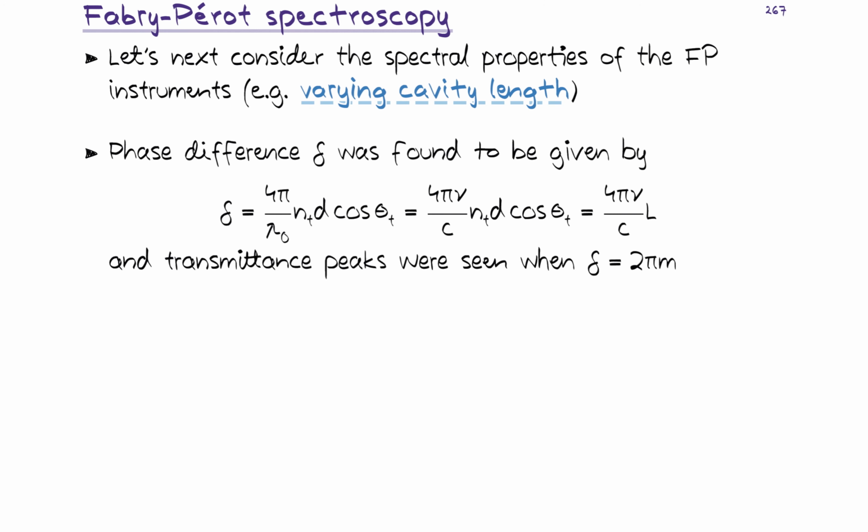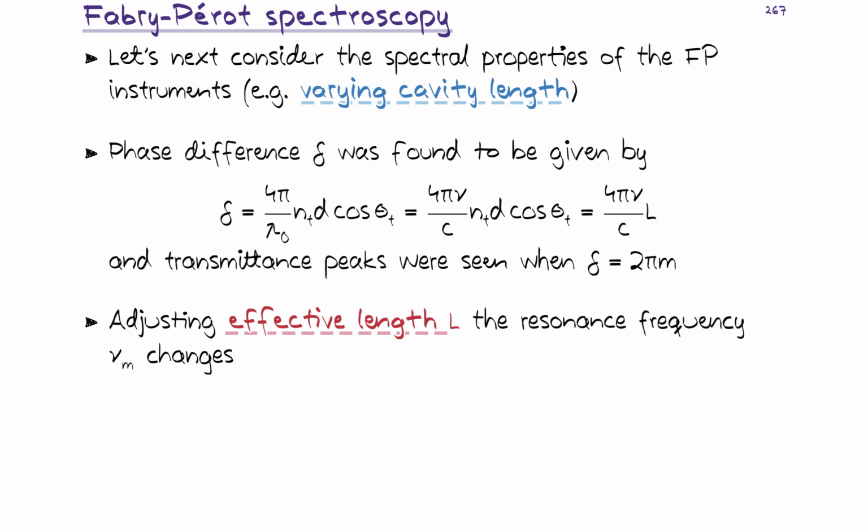And now we know that the transmittance peaks, so essentially the interference patterns emerging into our transmitted irradiance, take place when the phase difference delta is an integer multiple of 2 pi. And this is what we have known many times already and seen take place. And now when we are changing the effective length L, what we see is that essentially the resonance frequency nu m changes in my resonator.